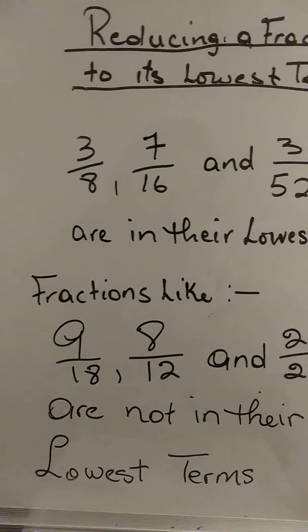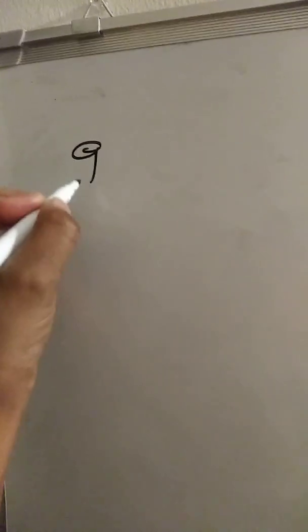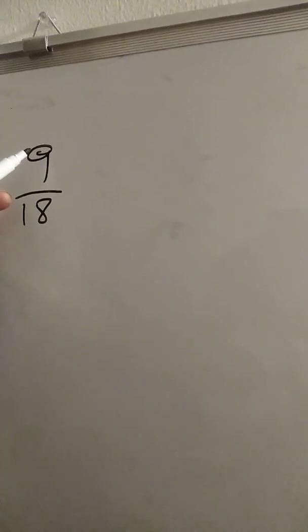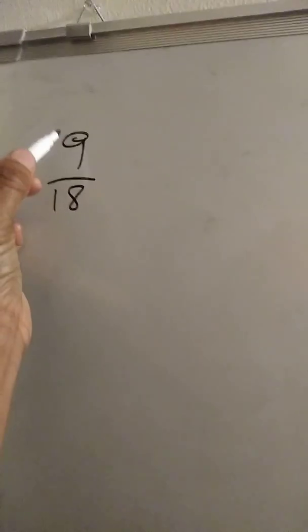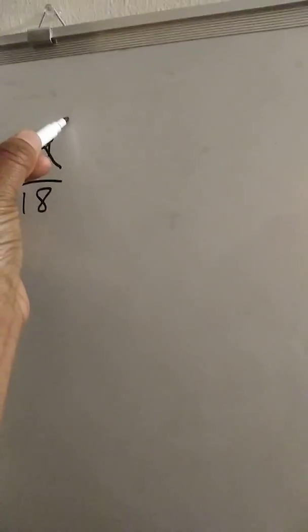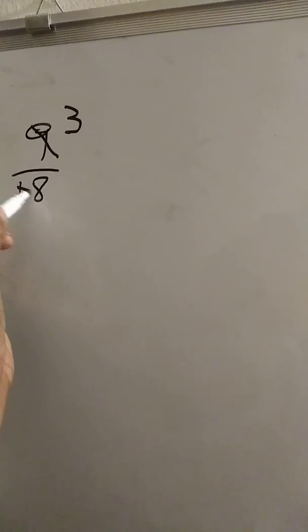So we're going to show, for example, take 9 over 18. The same number that you use to divide the numerator, you have to use to divide the denominator. So 3 into 9 goes 3 times, 3 into 18 goes 6 times.